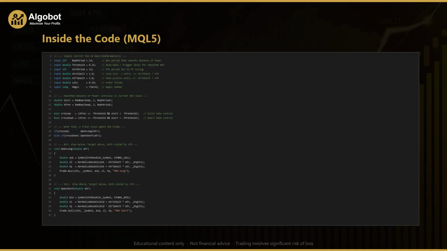Now let's look at the actual MQL5 code that runs inside MetaTrader, just as you would see it in the MetaEditor. At the top, we have the input parameters, and these mirror the settings from the original strategy. BopPeriod, set to 14, is the period of the moving average that smooths balance of power. Threshold, at 0.15, is the trigger level and the width of the neutral deadband.